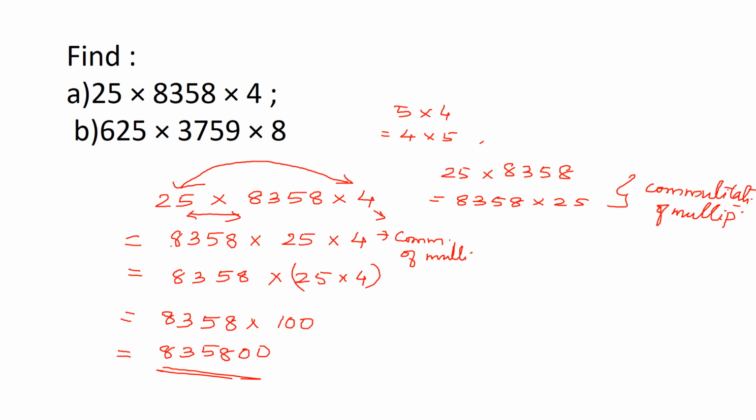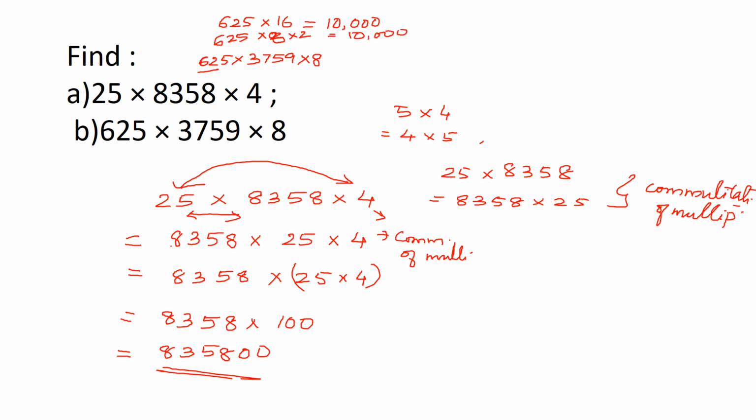The question is 625 into 3759 into 8. 625 into 16 we know is 10,000. 16 is 8 into 2, isn't it? So 625 into 8 into 2 is equal to 10,000.